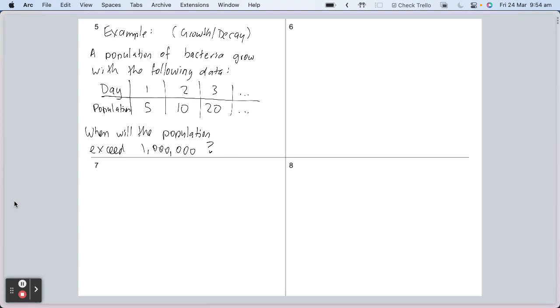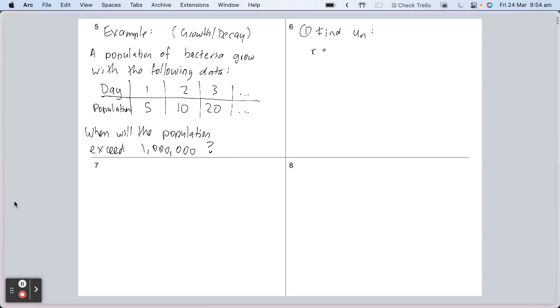We're going to model it as a geometric sequence, and then we are going to solve that geometric sequence. So first of all, we are going to find u sub n. Look at the ratio first.